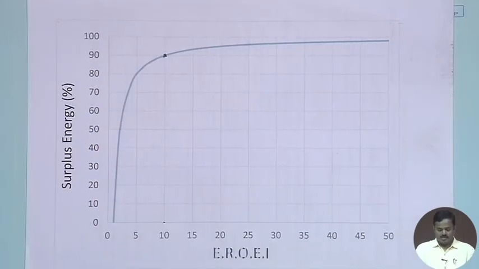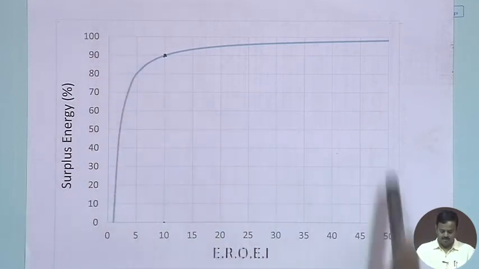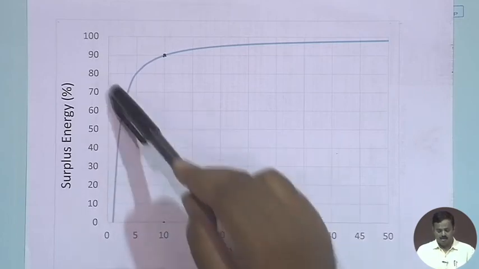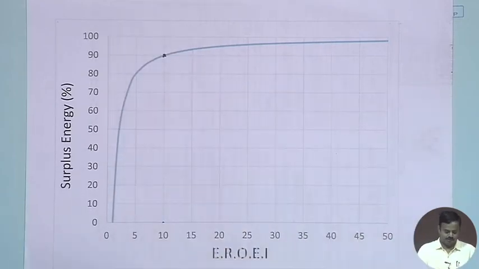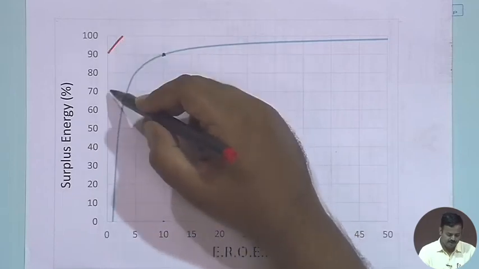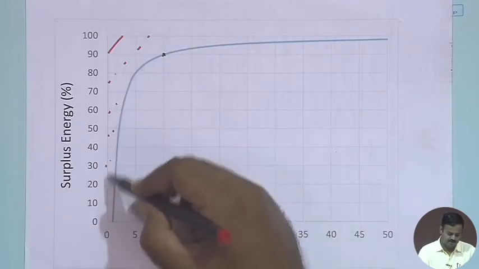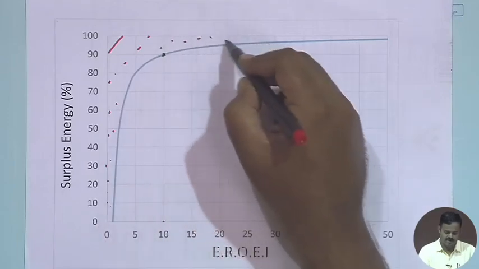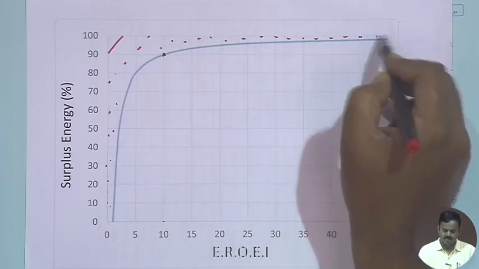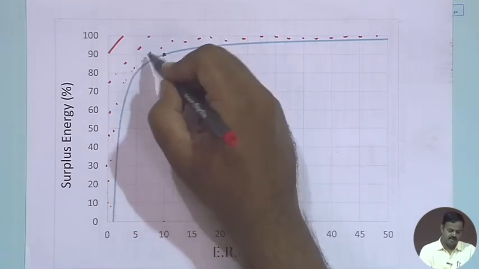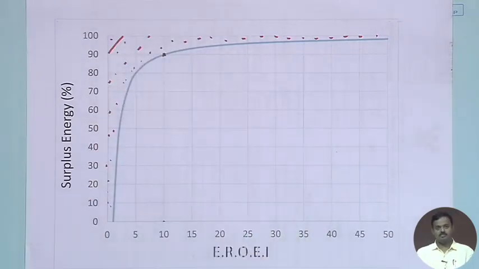So, let us think about this entire plot area as equivalent to your total energy. Whatever is above the line, if I mark it in red, this is the energy that is lost. This is the energy in.